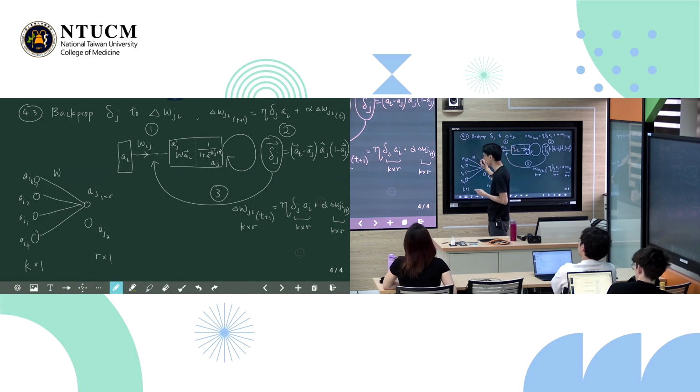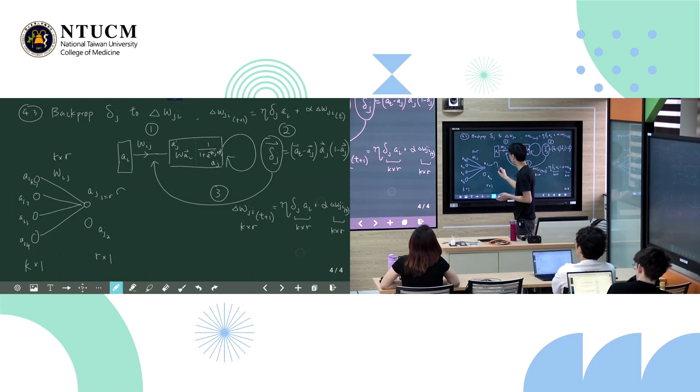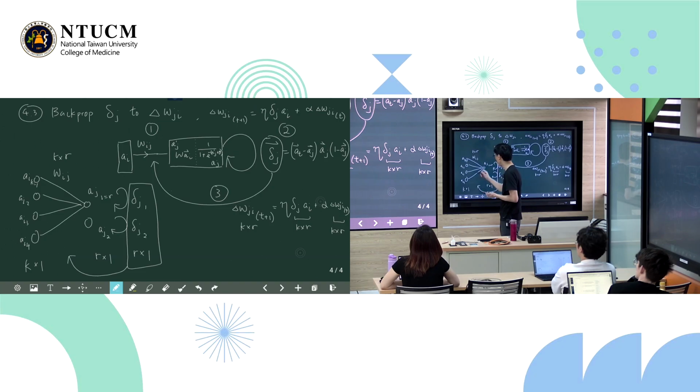And so then I have K, because this is I to J, right? So this is K by R. And so this thing has to be used to adjust the weights, and so it has to also be sort of projected back into a K by R kind of dimensionality.